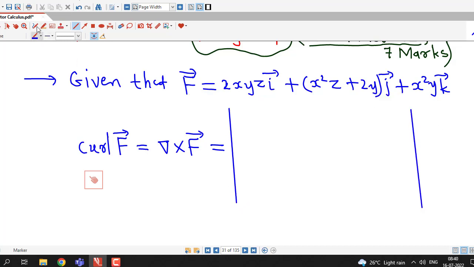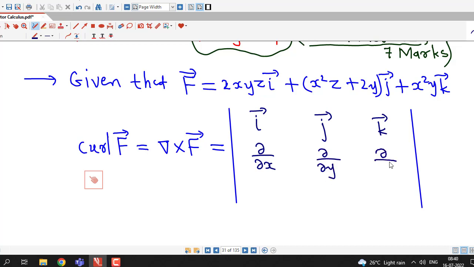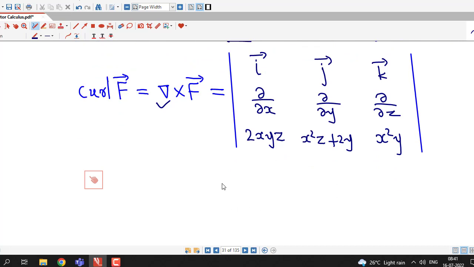So curl of f bar is given by: first row is unit vectors i, j, k, second row is partial derivatives with respect to x, y, z, that is components of this del operator, and third row is components of vector f bar. X component is 2xyz, y component is x square z plus 2y, and z component is x square times y. And now we try to expand this.